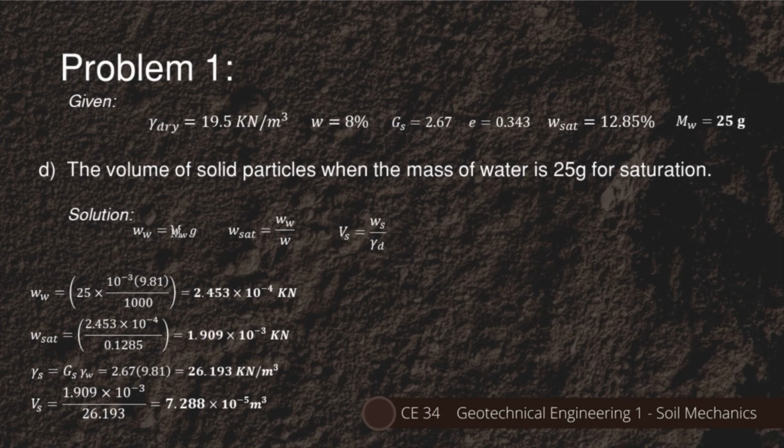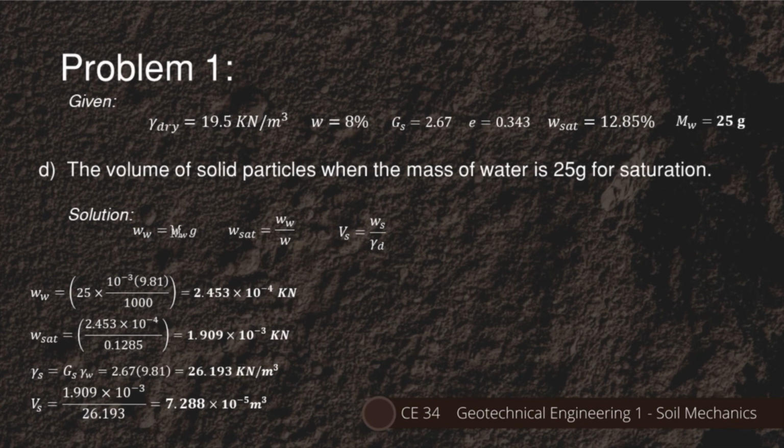So we can now solve for the saturated water content, which is equal to 2.453 times 10 to the power of negative 4 over our water content, which is 0.1285. That would give us 1.909 times 10 to the power of negative 3 kilonewtons.